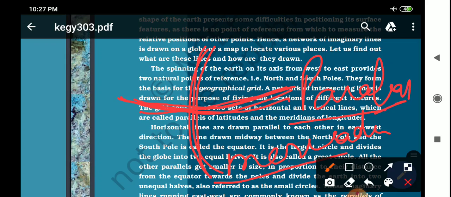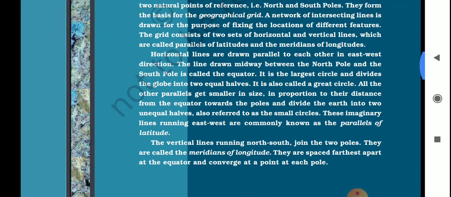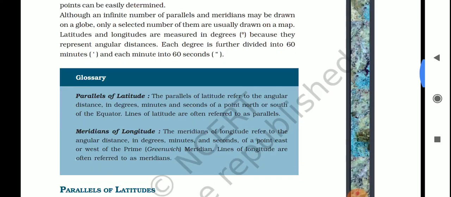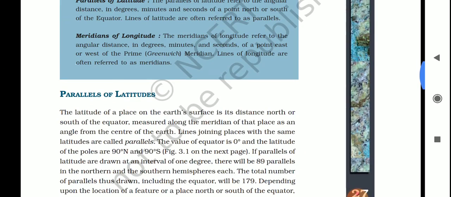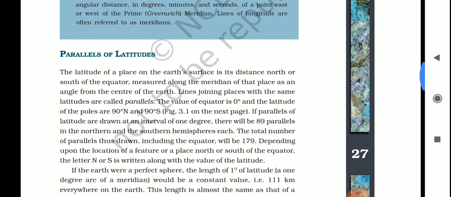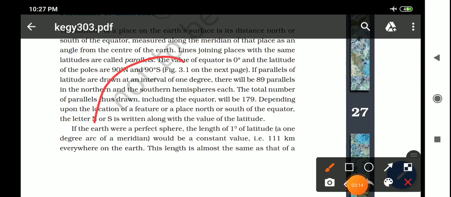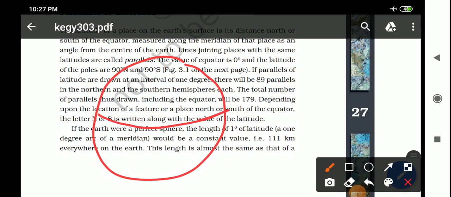Right, now next is the construction of latitude, which is very important. It is the angular distance from the center of the earth. Suppose this is the earth and the center portion is the equator, which is 0 degree.